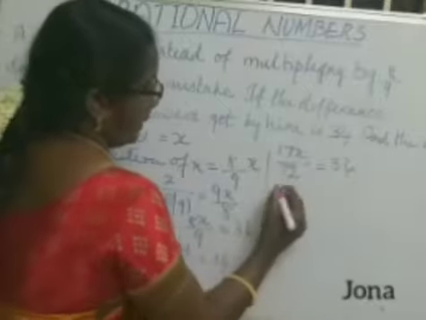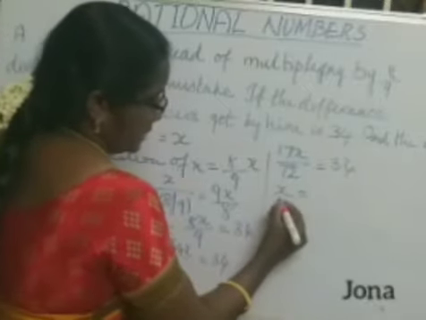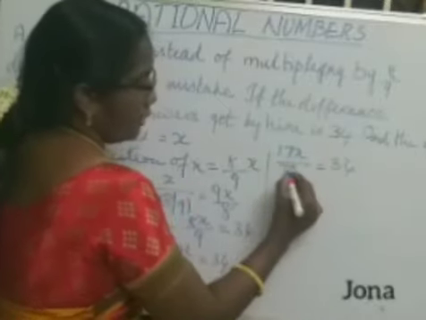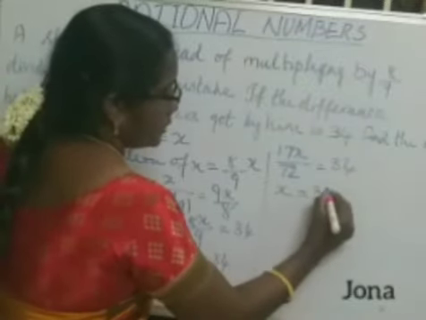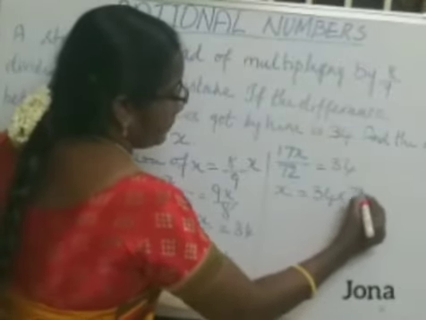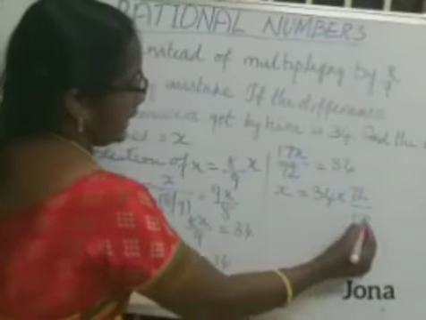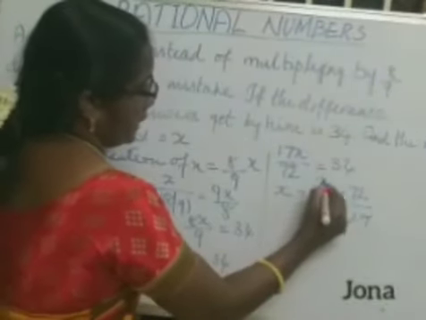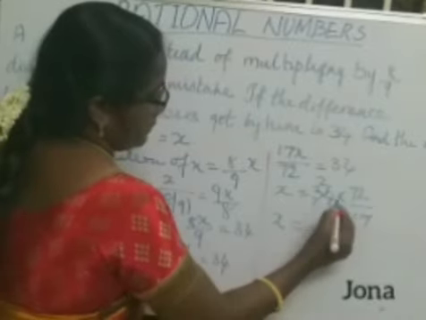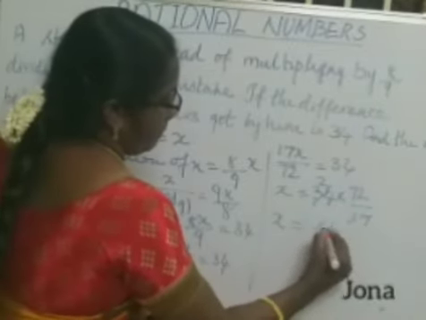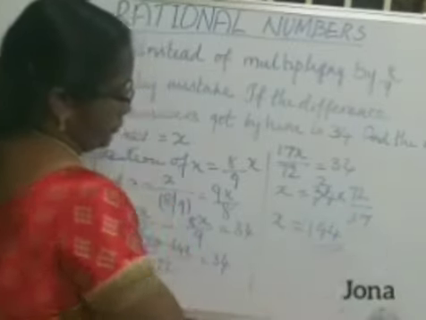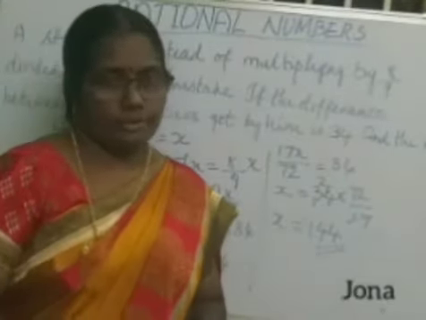I want to find the value of x. So keep x as it is and take the reciprocal of this number to the other side, so that 34 into 72 by 17. Okay, so I can cancel these two, 2 times that. So x equal to 144. X equal to 144.